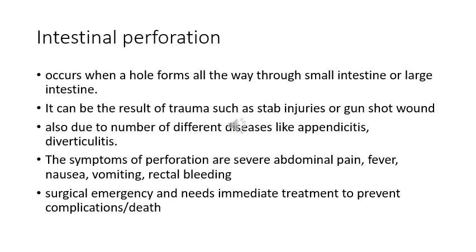Symptoms like severe abdominal pain, fever, nausea, vomiting, and even rectal bleeding can be seen. It is a surgical emergency and needs immediate treatment to prevent complications and death. So in this condition also the inflammatory fluid gets collected in the peritoneal cavity and leads to the formation of ascites.